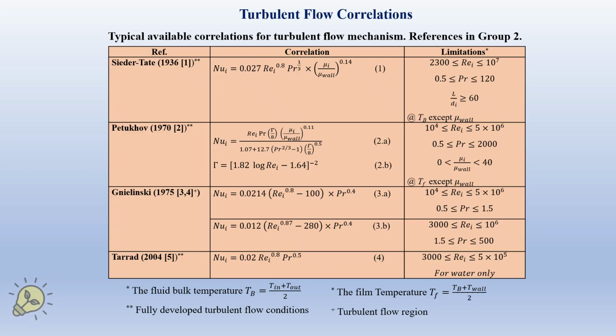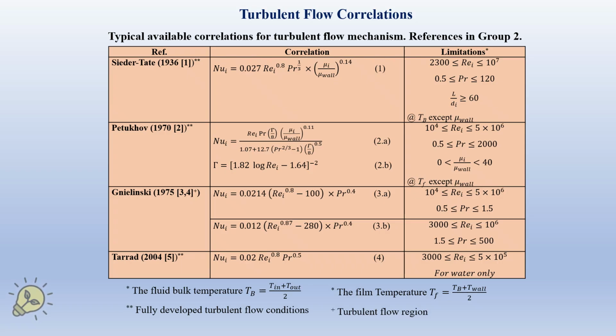And if we go down to the last correlation as presented by Taral, it is applied for Reynolds number greater or equal to 3000 and less or equal to 5 times 10 to the power 5.